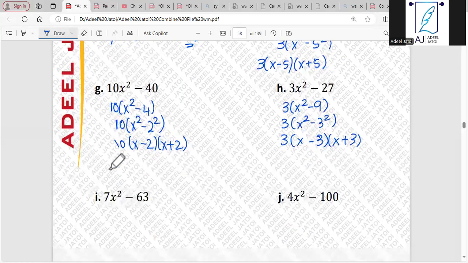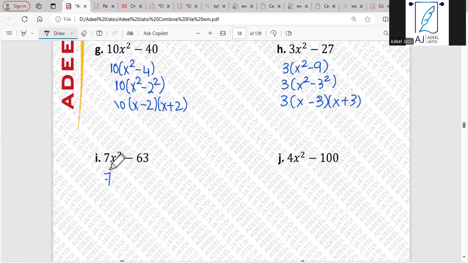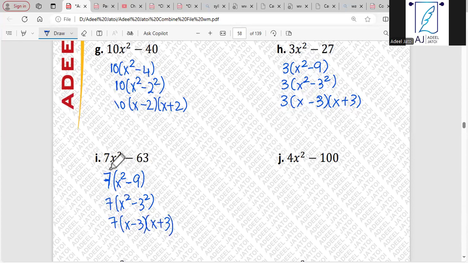Moving further, I and J. We have 7 common. What are you left with? x square minus 9. So 7 times x square minus 3 square, 7 times x minus 3 and x plus 3.